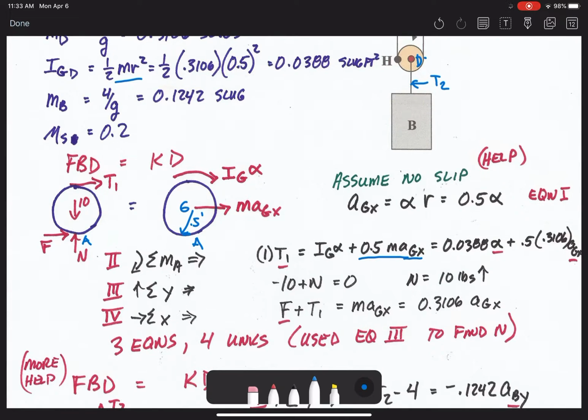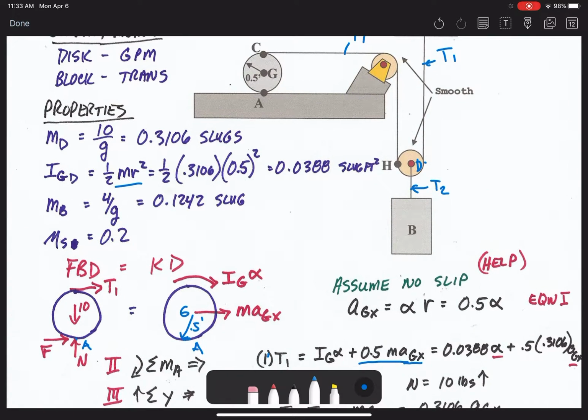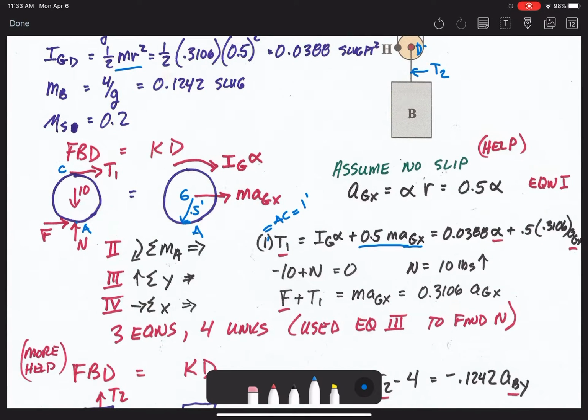For moment about A, the weight, the normal force, and the friction go through A, so only T1 is involved in that equation, and it's times 1 foot, because the radius is 0.5, so from A to point C, AC equals 1 foot.